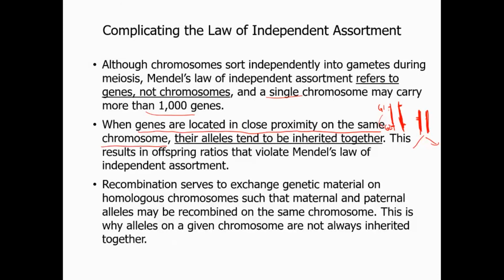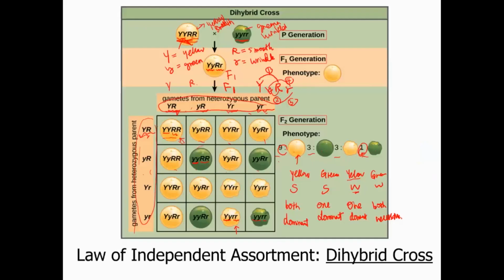But if two genes are very close to each other on the chromosome, then they may be inherited together. So when you look at the two traits coded by these two genes, G1 and G2, they may not follow the independent assortment that we see here.